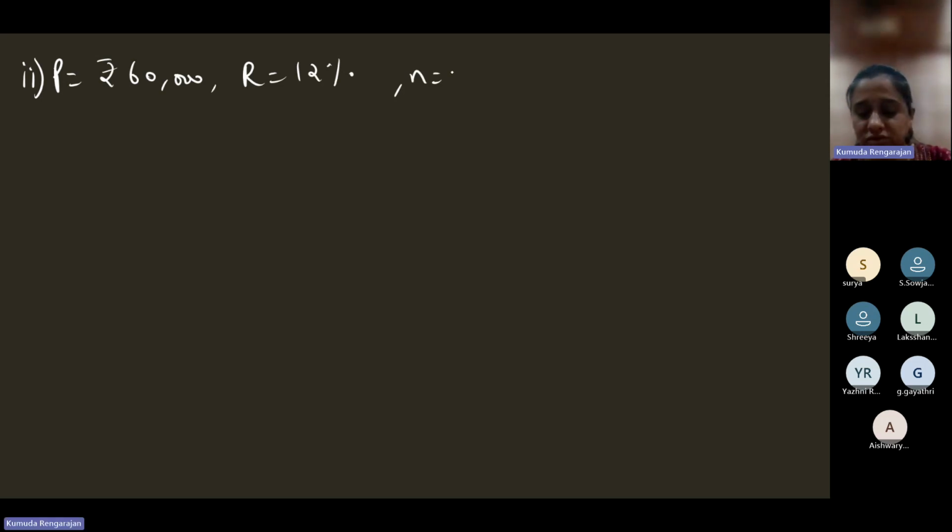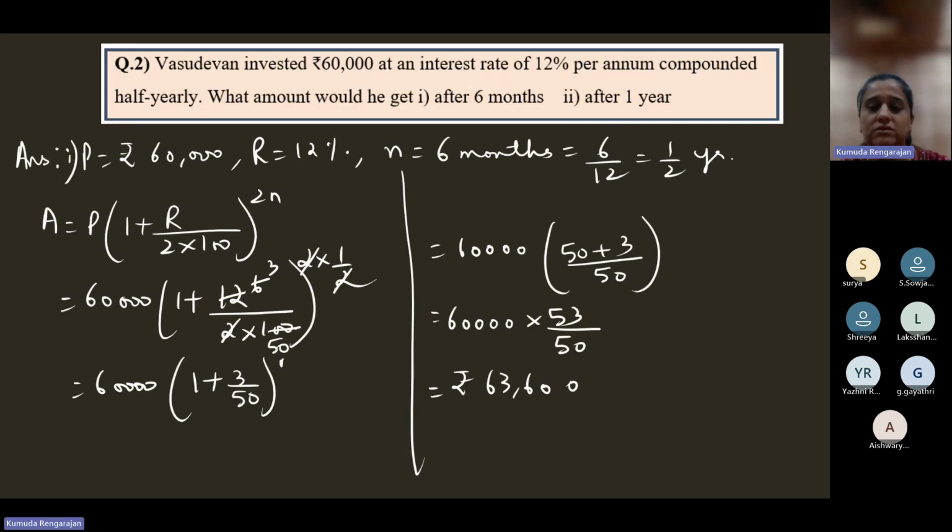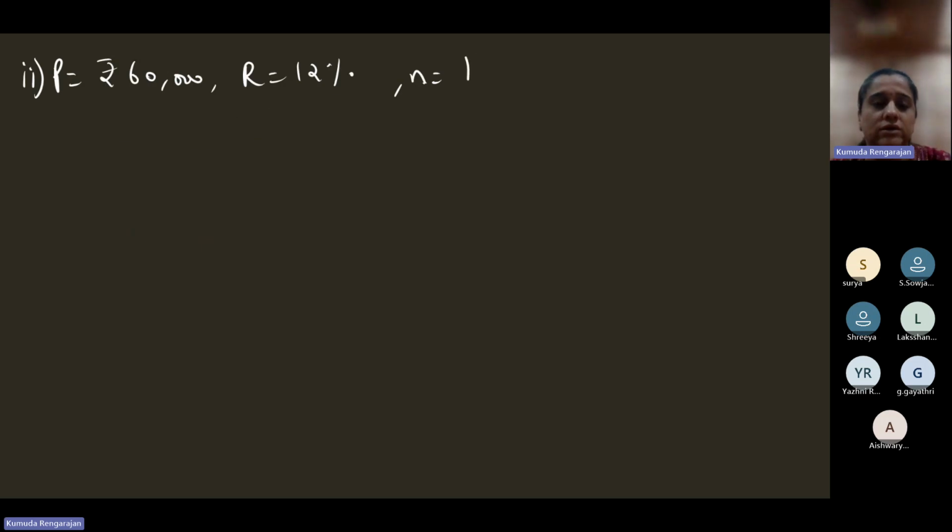Okay, for the second one, principal 60,000, rate 12%, n is given there, 1 year, after 1 year. So n is 1.